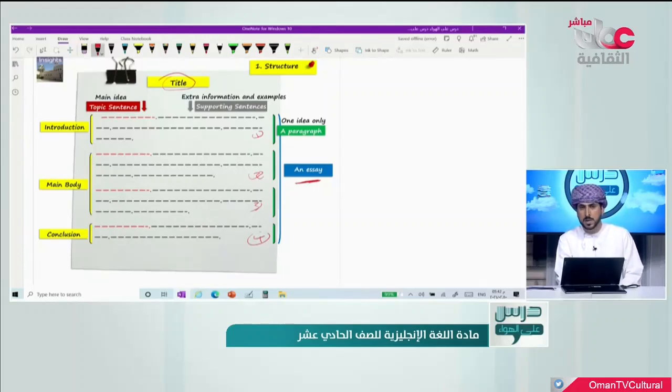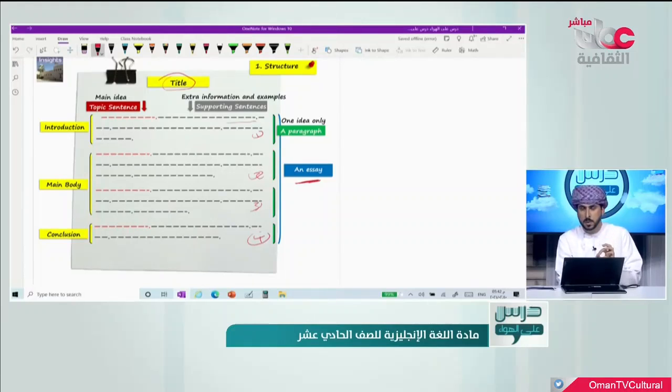A paragraph is also a group of what? Of sentences. We can notice here in this paragraph, for example, that we have a sentence, then a full stop, then we have another sentence, and another full stop. So it might be 1, 2, 3, 4, 5, 6, 7 sentences. It depends on the length that you want your paragraph to be, okay? And how much you want to describe your idea.